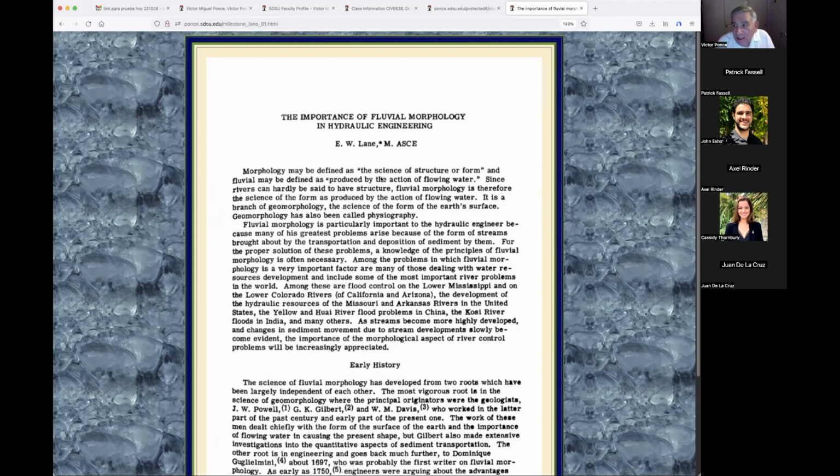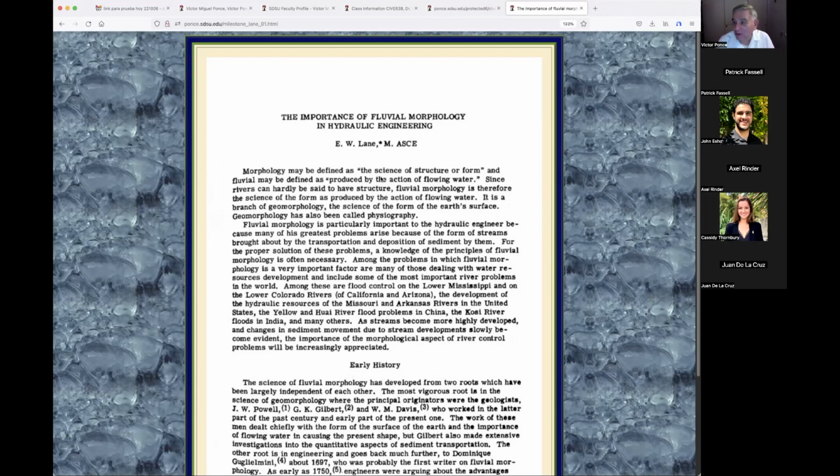And I wasn't there, like I said, but Fort Collins started to get important in the late 40s and early 50s, and by the 60s, they had already become extremely important in terms of hydraulic graduate programs in the US, and why not say it, in the world.